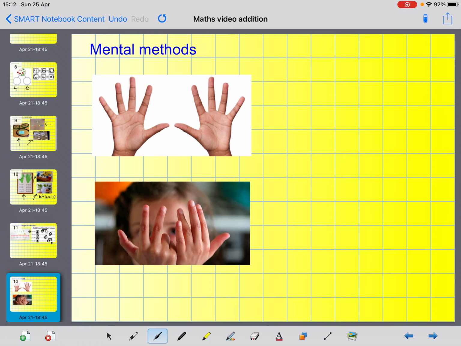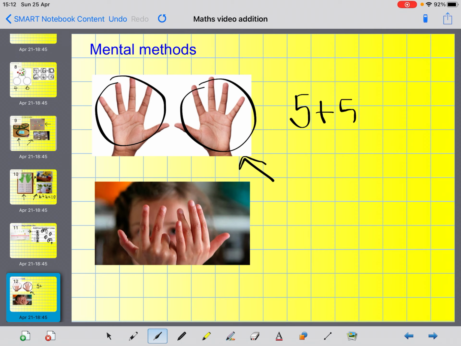So for example, on the first picture here, you can see 10 fingers all together. On my one hand, I've got 5. Another hand also is 5 fingers, so 5 and 5 makes 10.